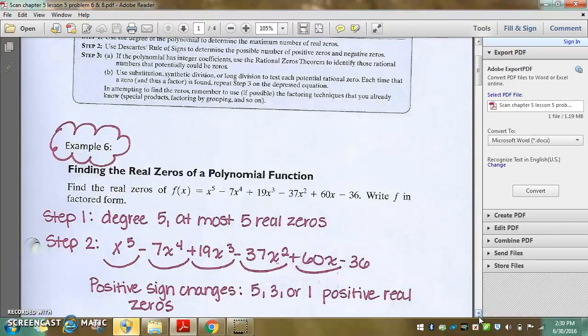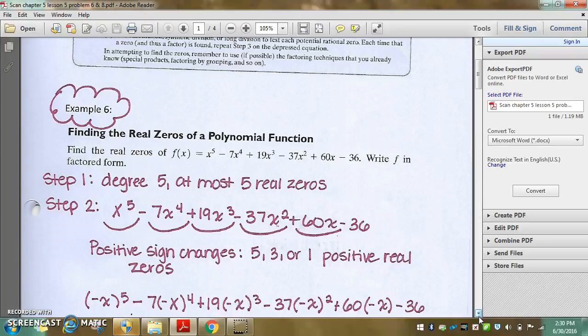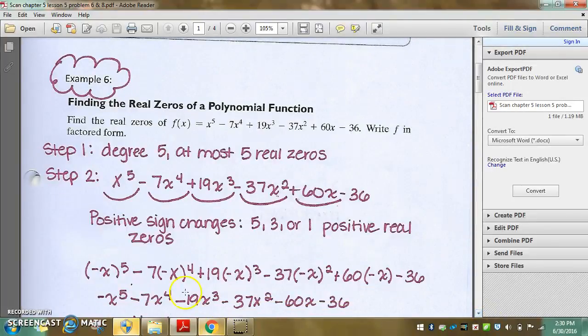In order to find the possible negative real zeros, we would substitute in negative x for all of x. So we've substituted in negative x for all of our x's, and now we're going to see how that changes our function. Remember, a negative to the 5th power, anything to an odd power, would remain a negative.